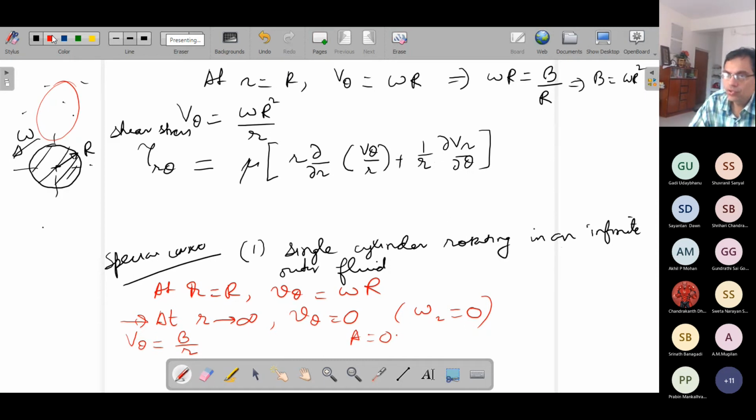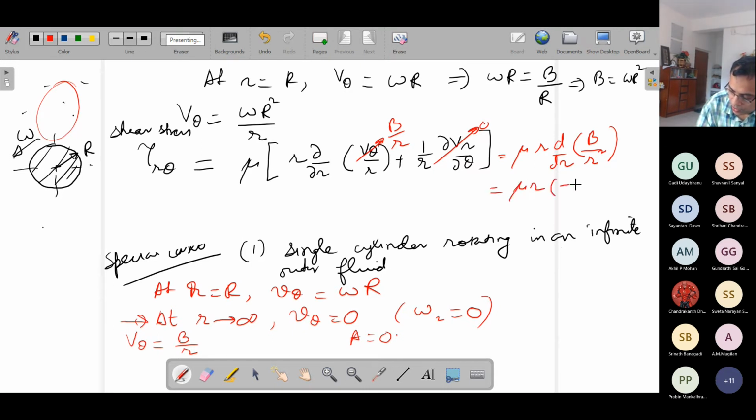Well, v r is 0, so it doesn't do anything here. V theta we substitute as B by r. So this will become mu r d/dr of B by r square. So that is nothing but mu r times minus 2B by r cube.